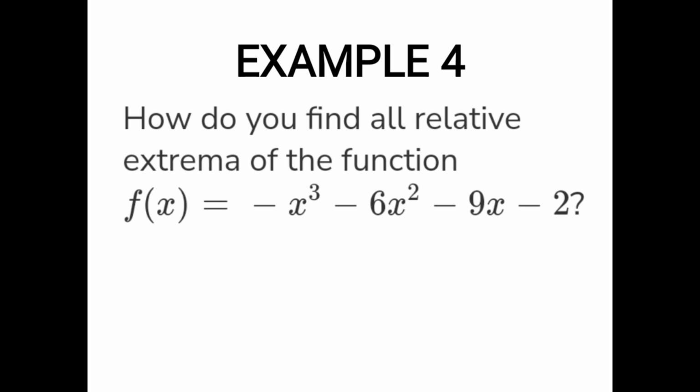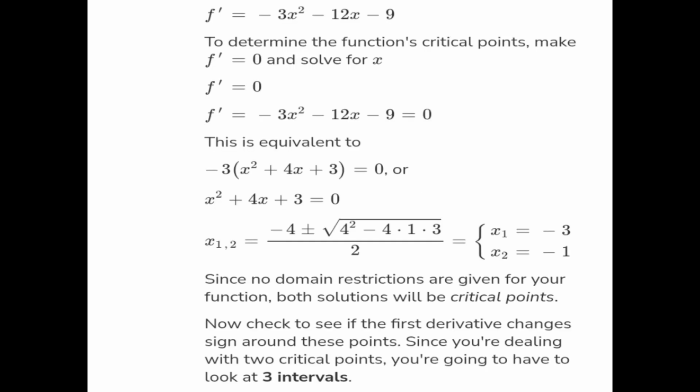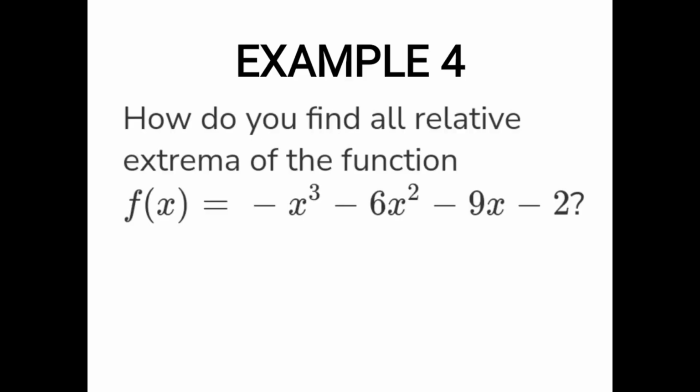Example 4. How do you find all relative extrema of the function f of x equals minus x cubed minus 6x squared minus 9x minus 2? First, we find the first derivative of this function.